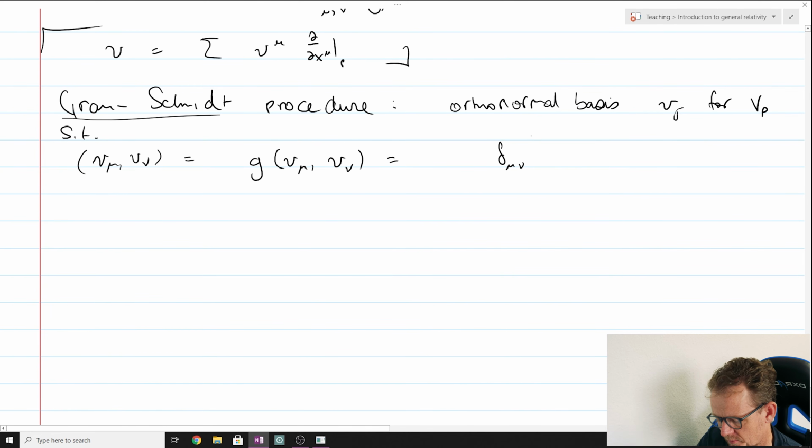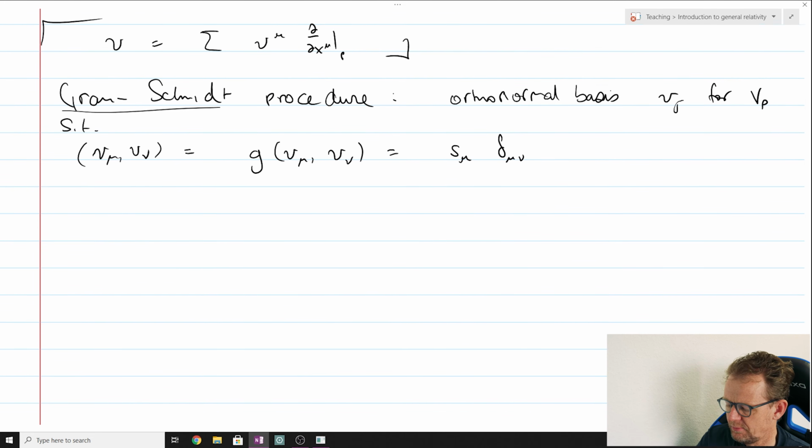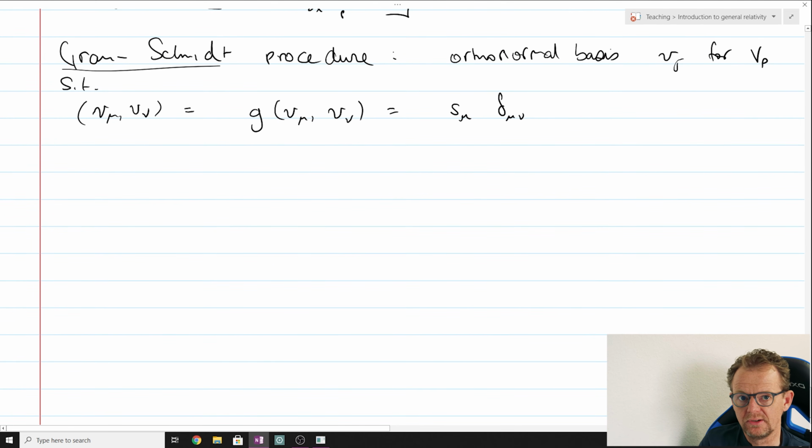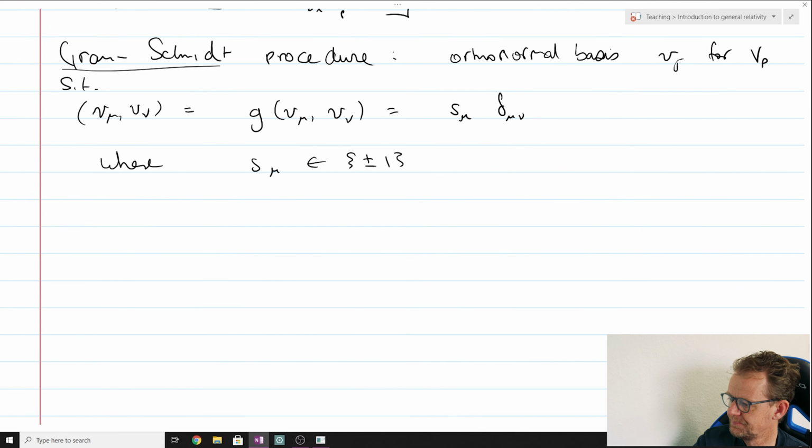But not quite. Slow down, right? There's something else that you get. You diagonalize g. Now, most of the time when you've done Gram-Schmidt before, you've been applying it to positive definite symmetric non-degenerate matrices, and you've never had to worry about this extra factor that can appear. But this extra factor, this S mu factor, can appear for non-positive definite inner products.